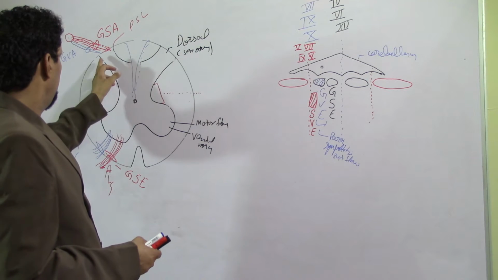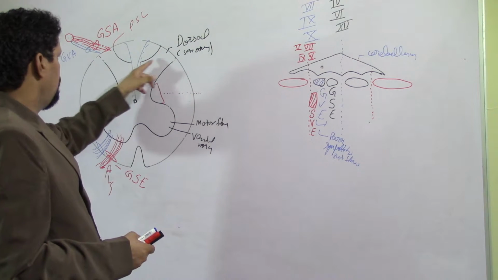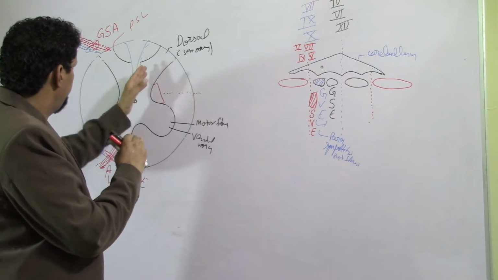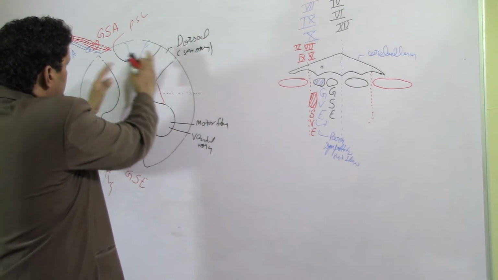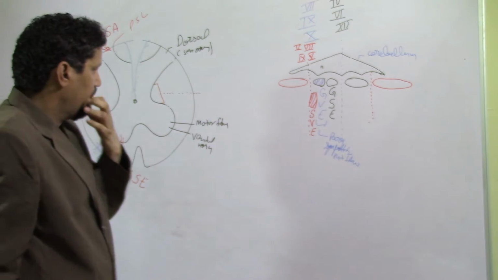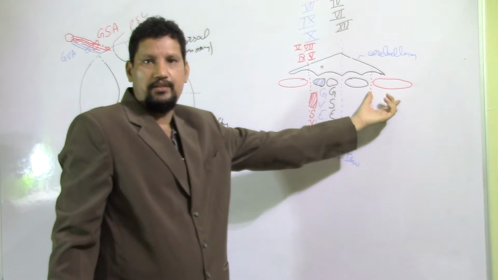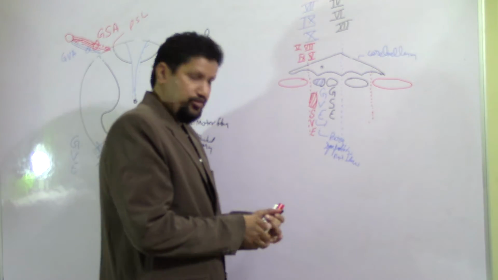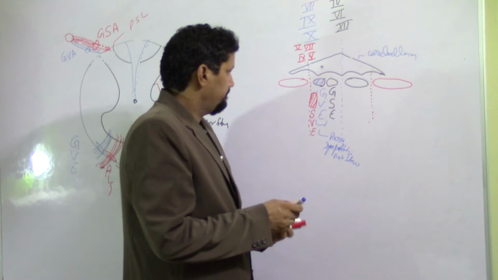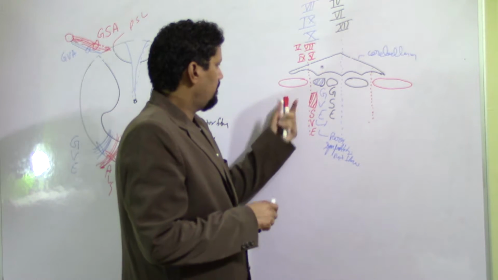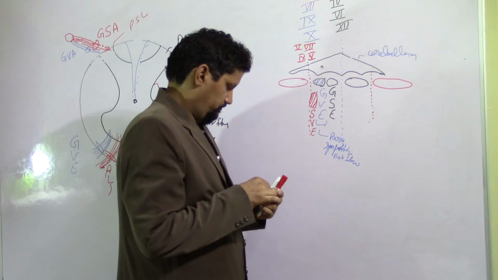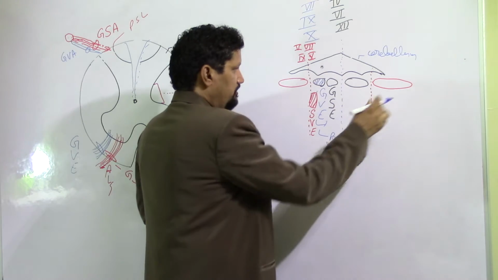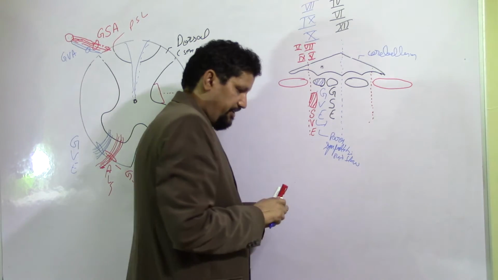Now this grey horn, that is the dorsal grey horn or sensory grey horn, is open laterally and forms the lateralmost part of the brainstem nuclei, and these nuclei, which are sensory or afferent in nature, also divide into different nuclei.